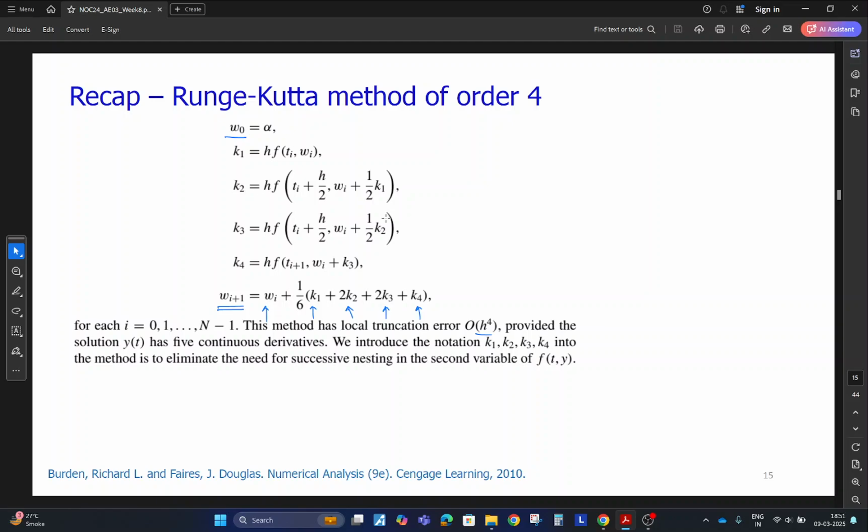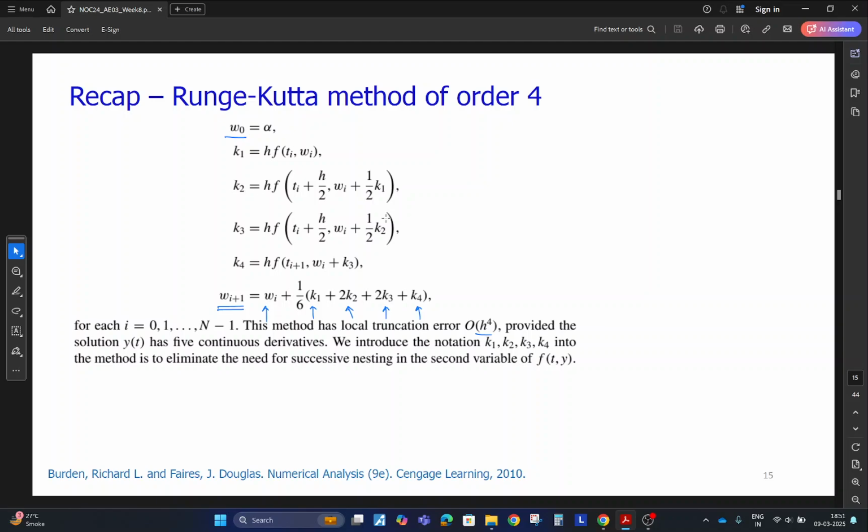Here we are working with a few quantities. First of all, W0 must be given and it is equal to alpha. The quantity K1 equals h times f at (Ti, Wi), where h is the step size and Ti is the current time step. K2 equals h times f of (Ti plus h by 2, Wi plus half K1).